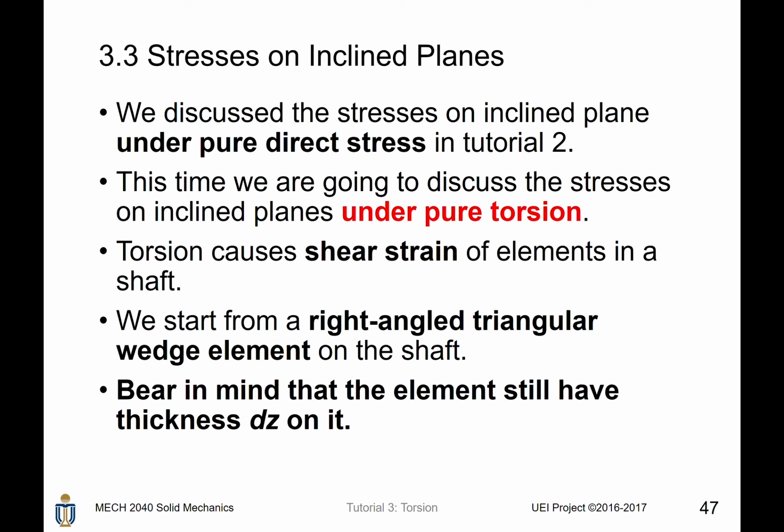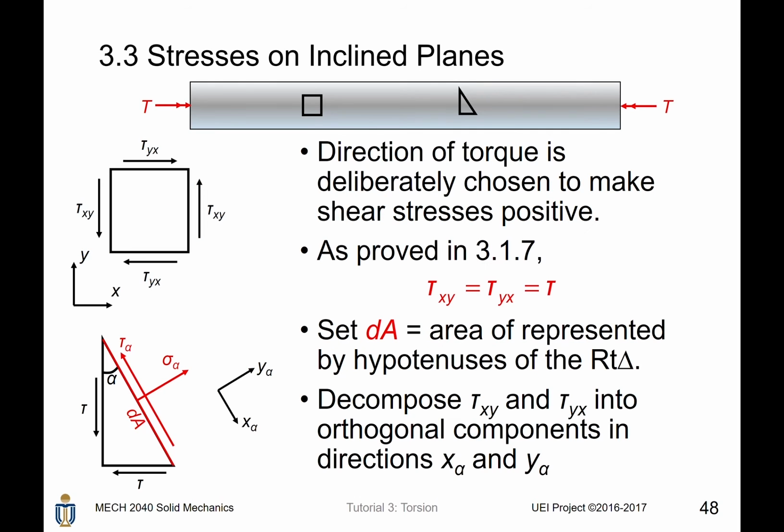Similar to the axial load, in the pure torsion case, we also have stresses on the inclined planes. Now, a bar is under a torque like this. For the square element inside the bar, it will have the shear stress sketched in this way. Since we know that the shear stress tau xy equals tau yx from the previous tutorial, then we can sketch the stress element in this way.